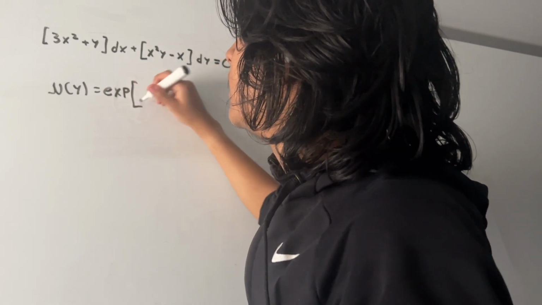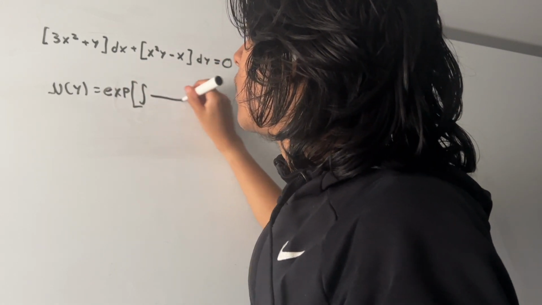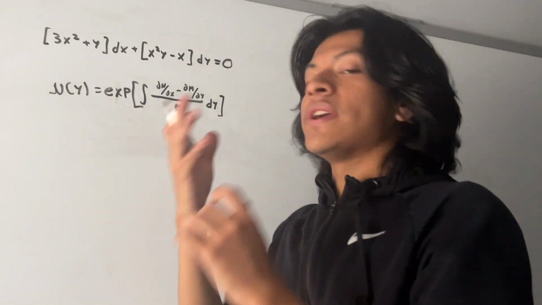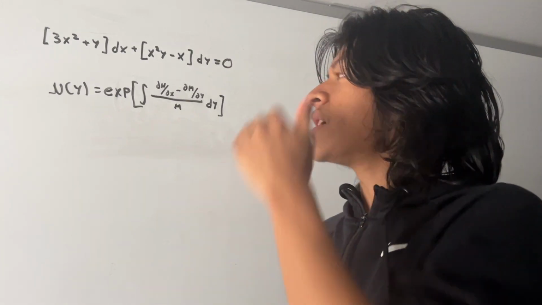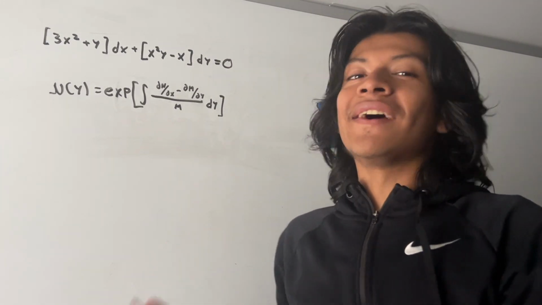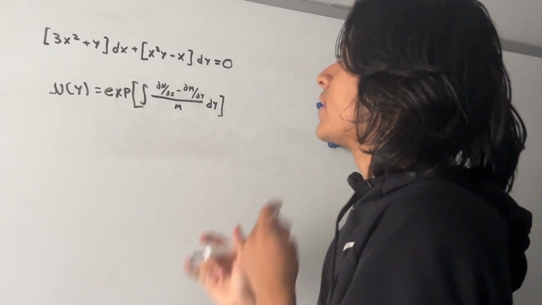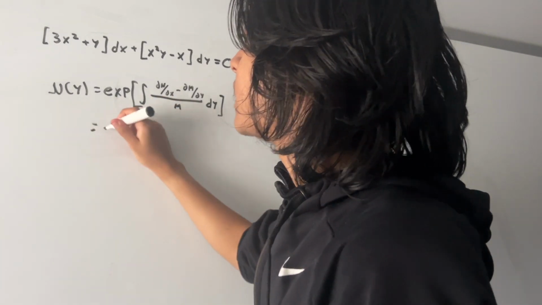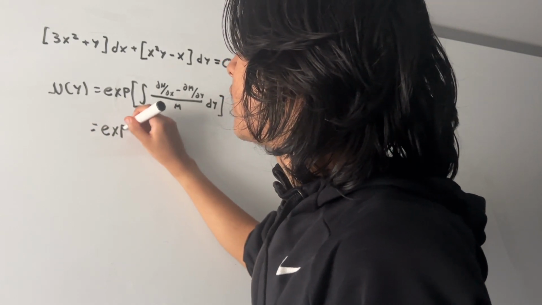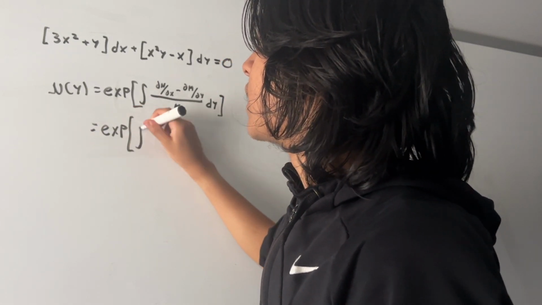So we have e to the power of the integral of, okay, sorry about that. It's hard for me to remember these equations off the top of my head, but yeah. So let's just go about this. We're pretty much doing plugins. So we still have e to the power of.